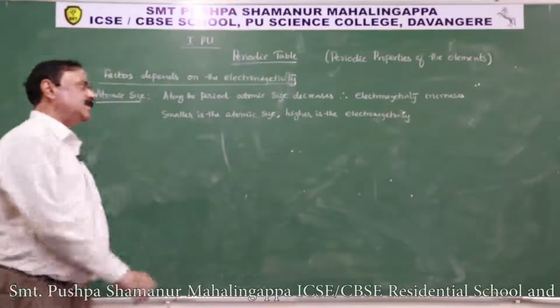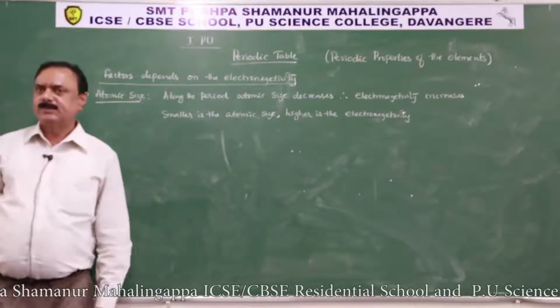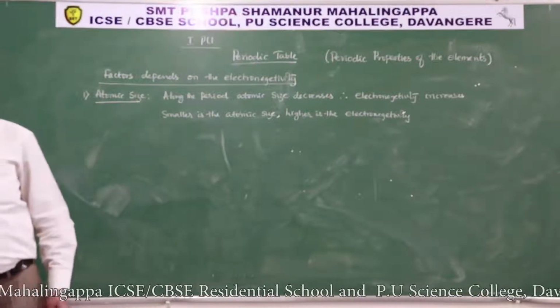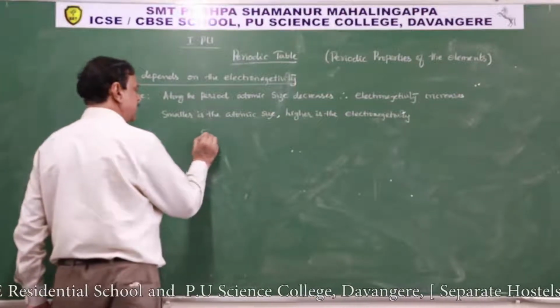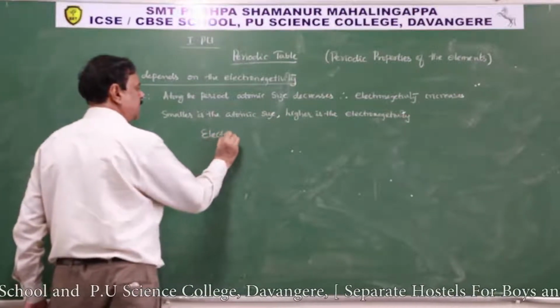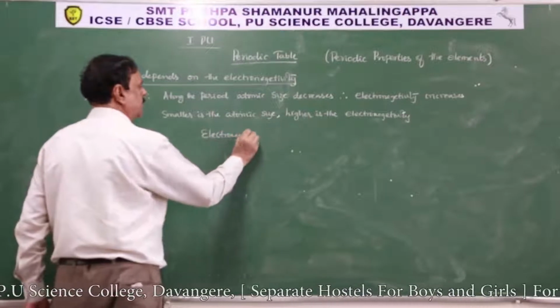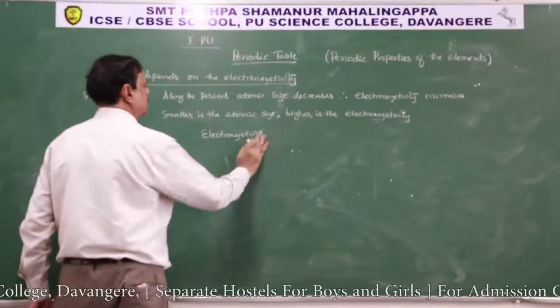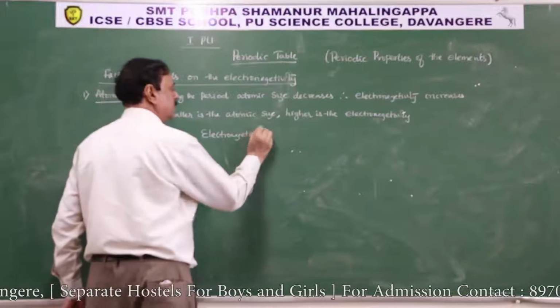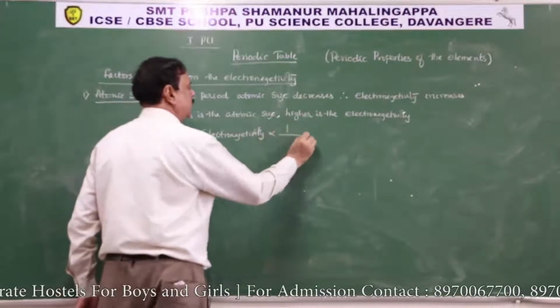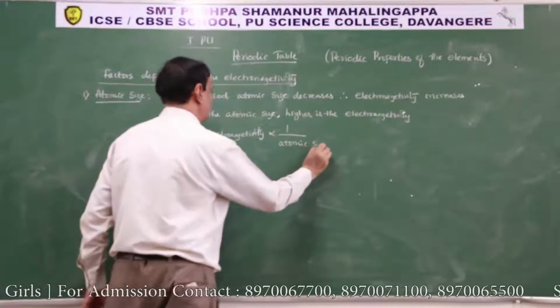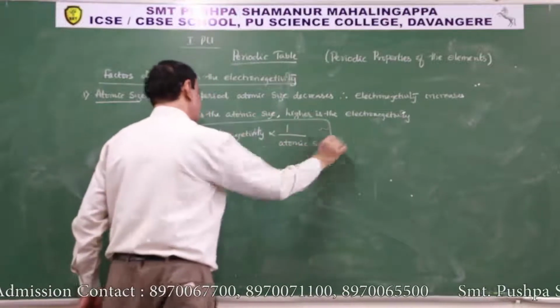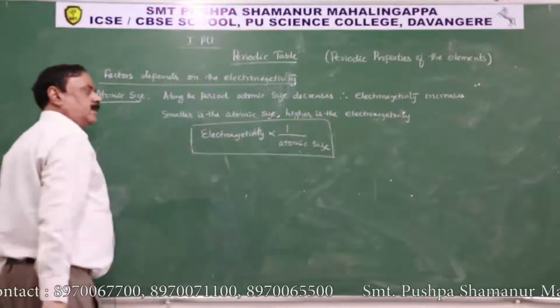Smaller is the atomic size, higher is the electronegativity. Therefore, electronegativity is inversely proportional to the atomic size.